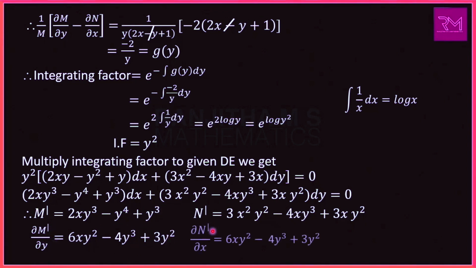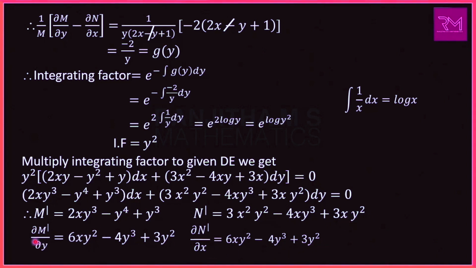Similarly, find del N dash by del x, that is the partial derivative of N dash with respect to x. Here 3y square is constant, take as it is, into differentiation of x square, which is 2x. Hence, we get 6xy square, minus 4y cube is constant, take as it is, into differentiation of x which is 1, hence we get minus 4y cube, plus 3y square is constant, into differentiation of x which is 1, hence we get 3y square.